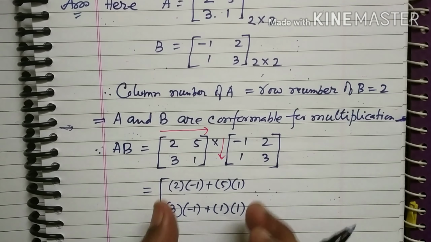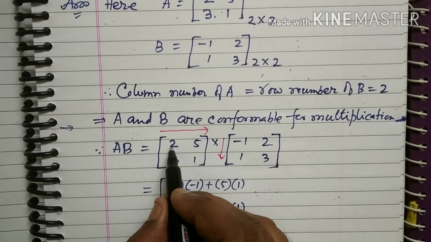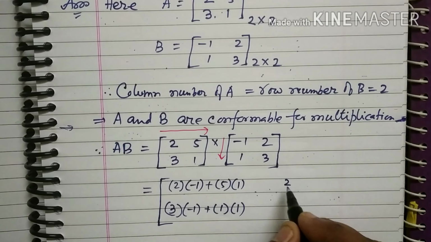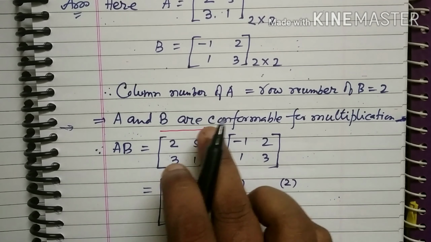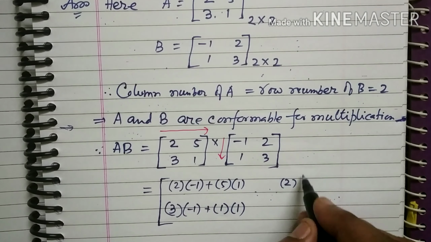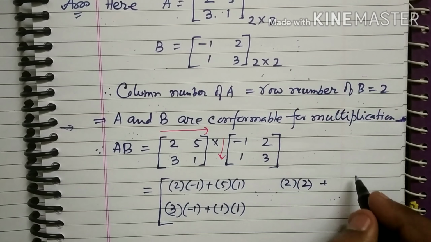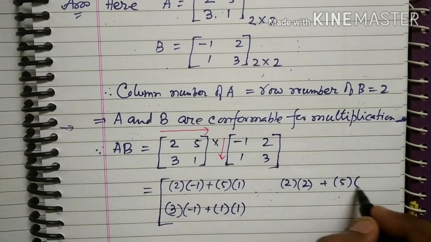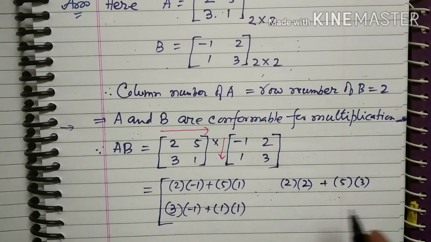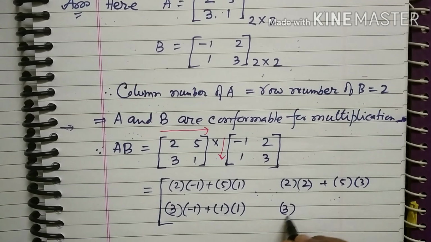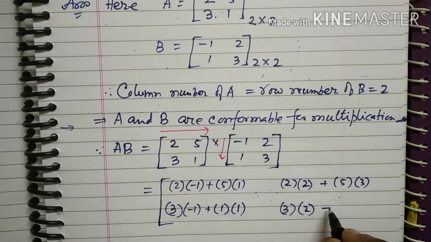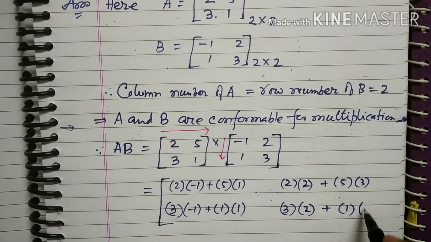This is the first column. For the second, this row, that column: 2 into 2 plus 5 into 3, and 3 into 2 plus 1 into 3.